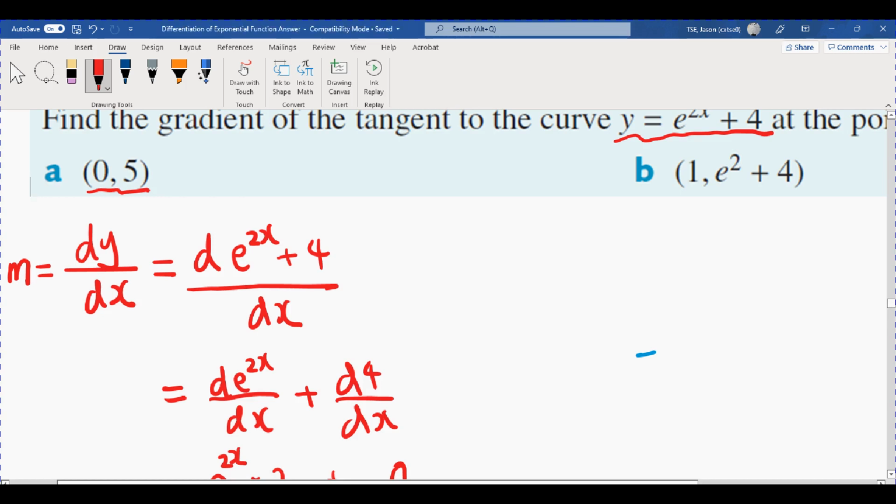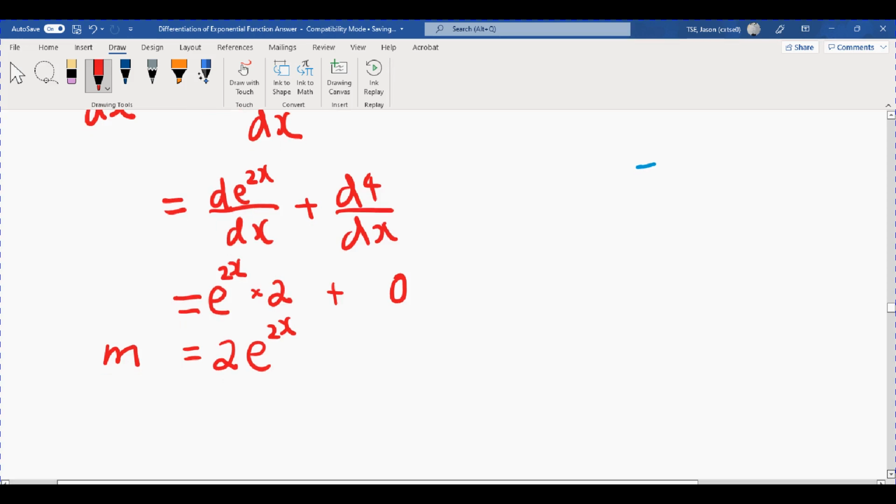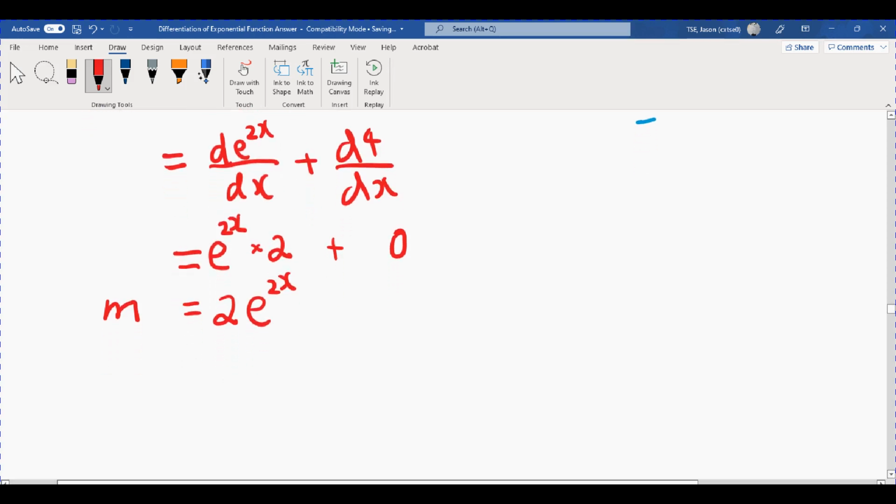So how can we find the gradient at the particular point, like 0, 5? Remember now, your gradient equals 2 times e to the power x without specifying the value of x. Now I'm going to specify a certain value of x, which is x equals 0.